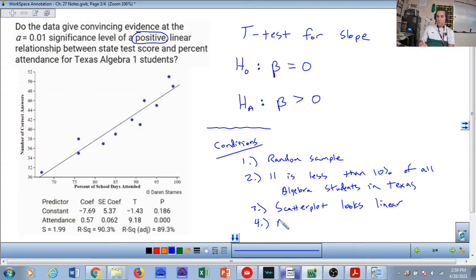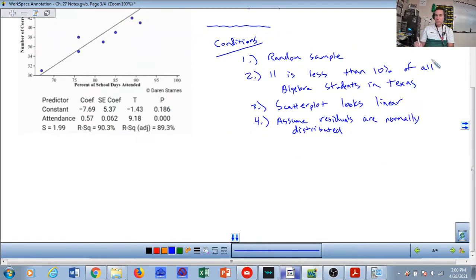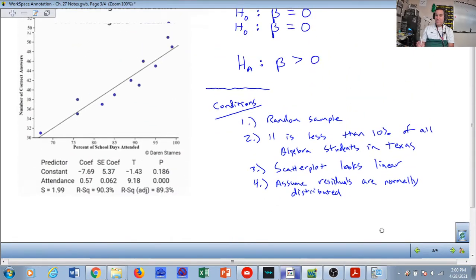So I assume residuals are normally distributed. It'd be nice if they would have given me the residuals, because then we could have at least looked at them. But that's our assumption there on the condition. Okay, so conditions are done.